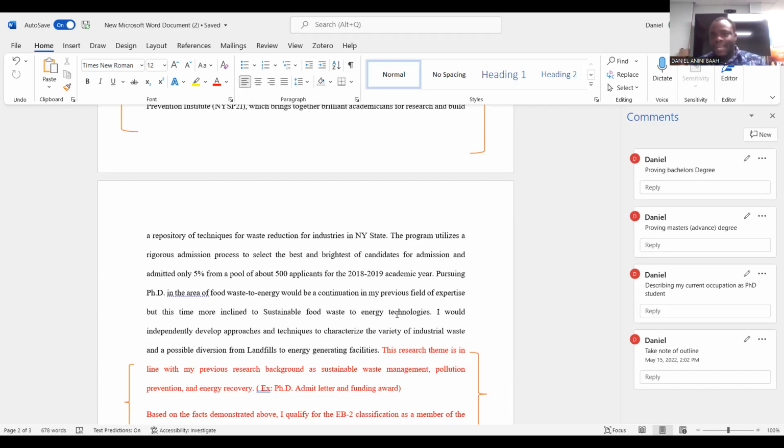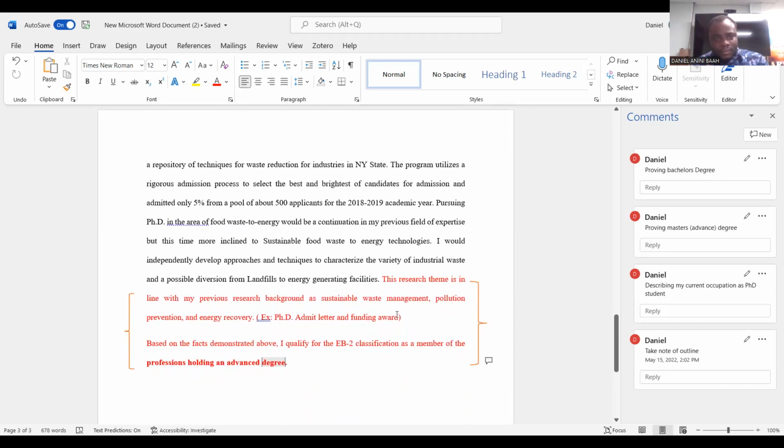His PhD research is food waste to energy. So you have seen there is not much of a difference. They are all converting waste to some energy. So that is a good way of linking your current occupation, as a student or your current job place, to whatever previous research you did at the master's or bachelor's level. So take note of that.